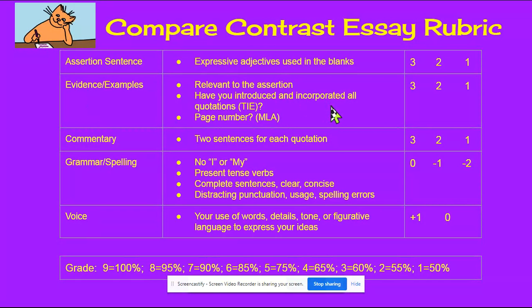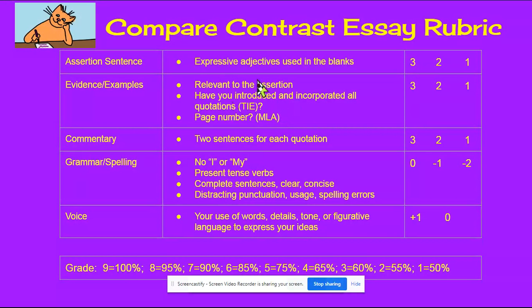The next thing I'm looking at is your evidence and your examples. Are they good pieces of evidence? Is it clear that Dr. Jekyll is good? Is it clear that Mr. Hyde is bad? Have you tied all of your quotations? Meaning, did you put the narrator says, or Dr. Jekyll says, or Mr. Hyde says? If you put that at the beginning of all of your evidence, make sure you have page numbers on all of your evidence.